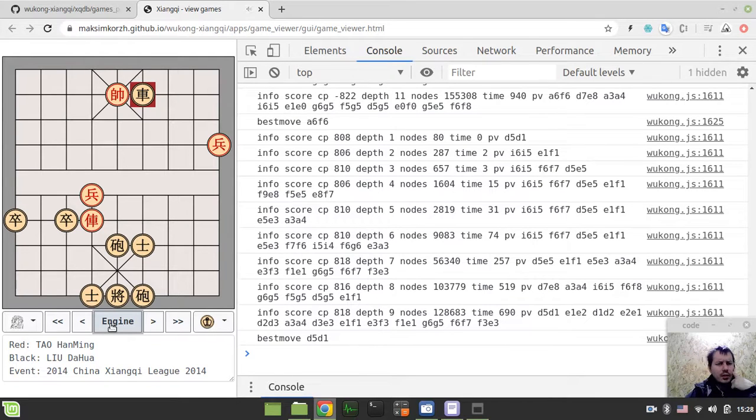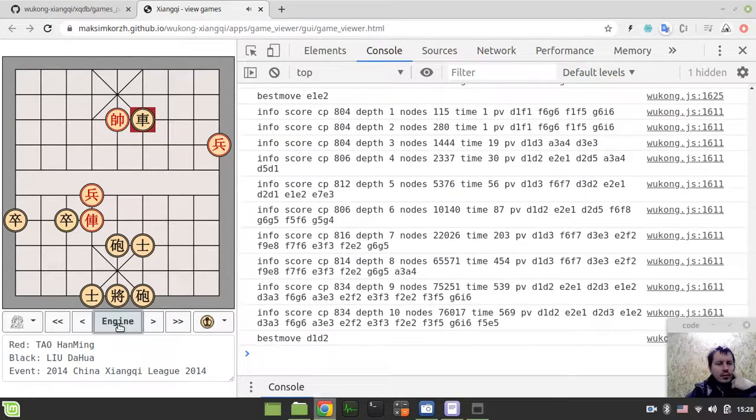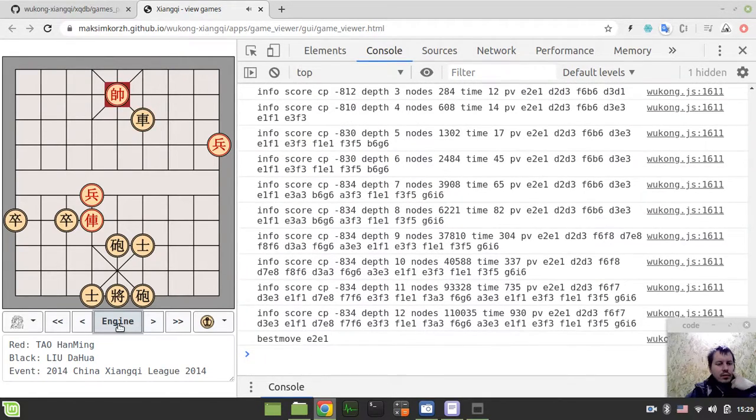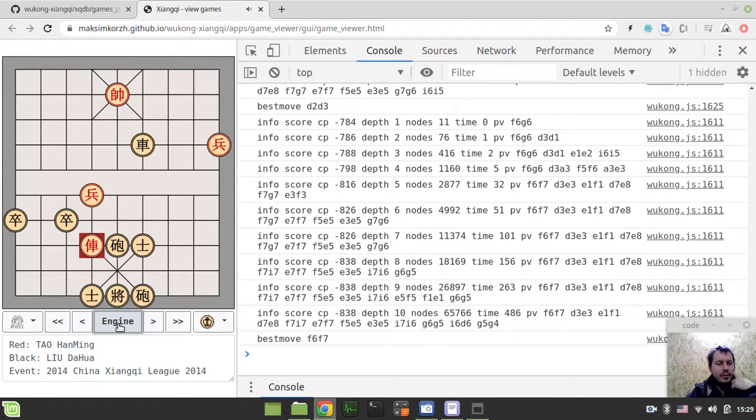Hold on a sec. No, so the rook is protected. Okay, no worries. The rook is protected by the cannon. So let's see what happens next. Please, just don't do the threefold repetition.